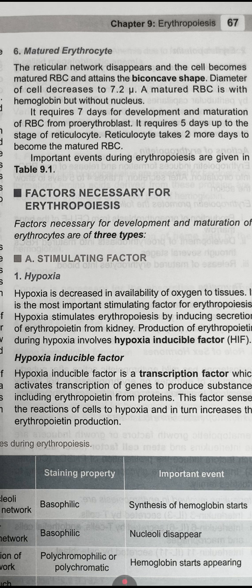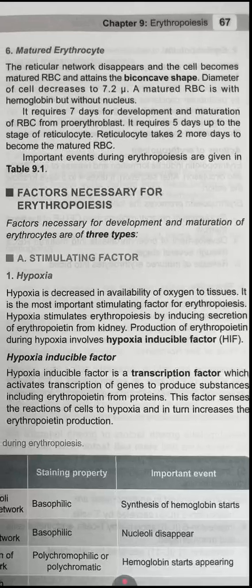Diameter of the cell is decreased; from 20 it comes to 7.2 micron. A mature RBC is with hemoglobin but without nucleus. Now the nucleus is completely disintegrated. RBC is filled with hemoglobin. It requires 7 days for development and maturation of RBC from erythroblast.